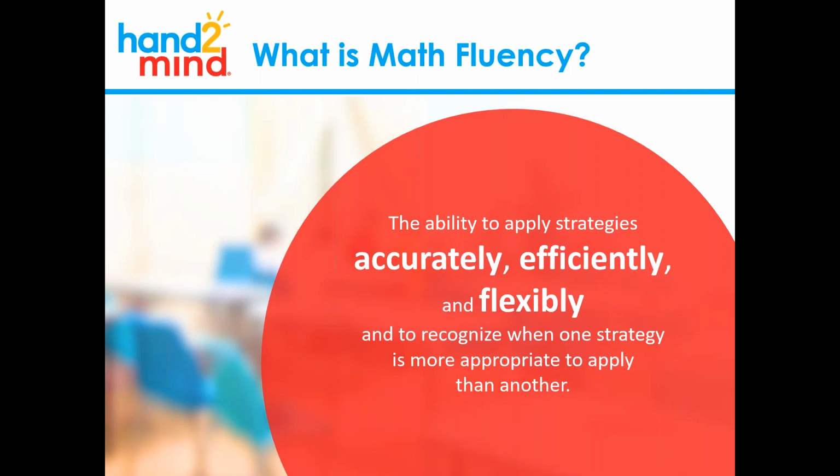That's when we know that they have achieved fluency, when they're able to apply those strategies accurately, efficiently, and flexibly, and realize that one strategy is not enough because numbers are different and have different types of relationships that you can see with them. So before you can get to math fluency, an underlying piece of fluency is that they have a strong understanding of the concept. We have to have conceptual understanding before they ever get to math fluency.